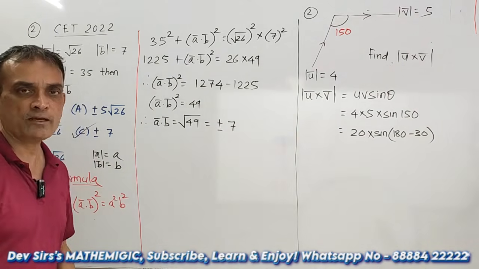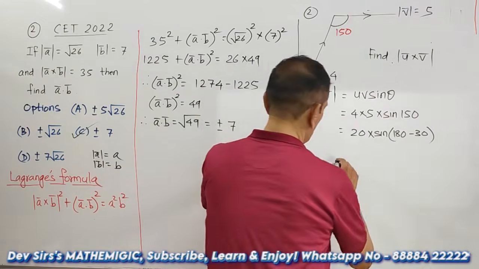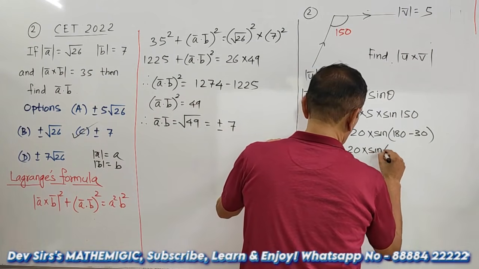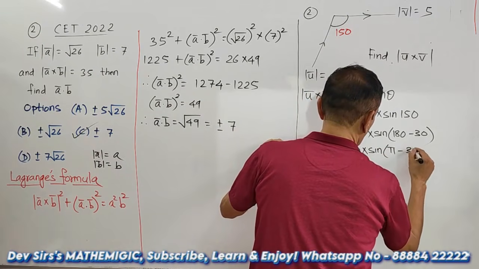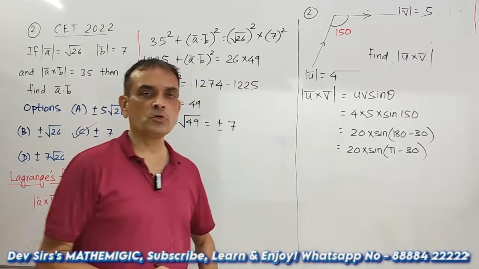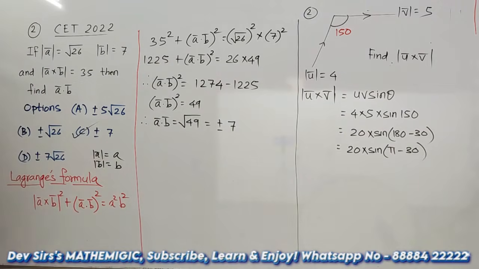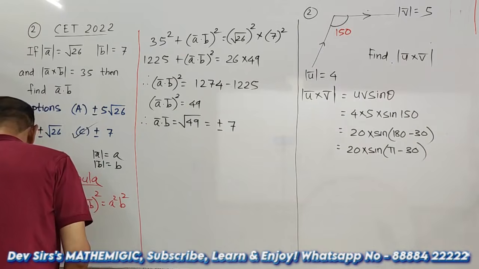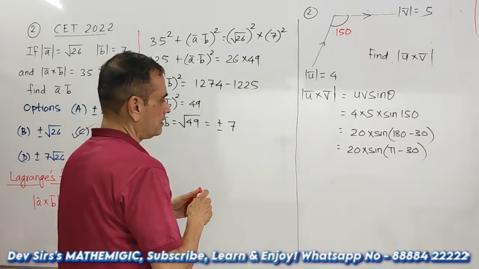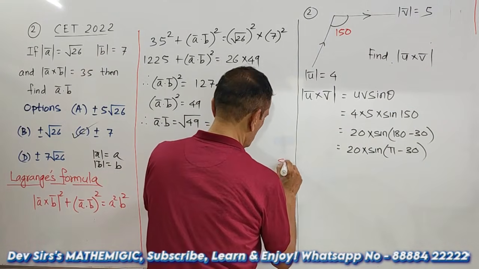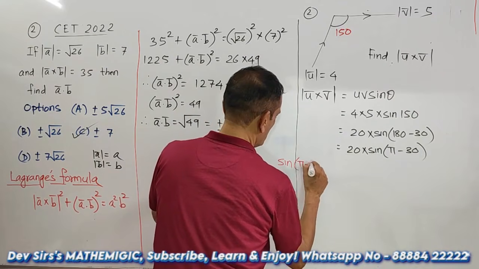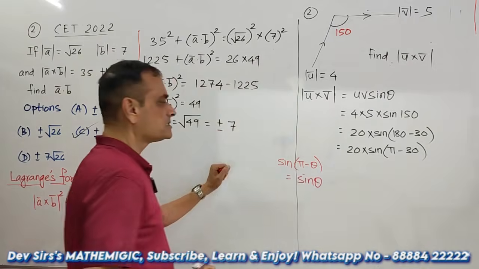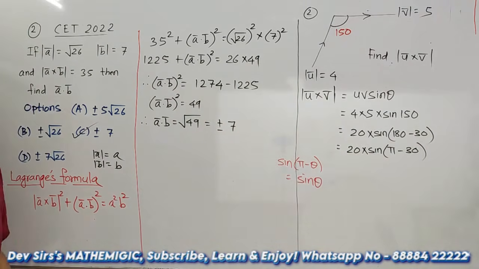150 I am writing as 180 minus 30, because I have to use allied angles. Now which formula for allied angles? Sin of pi minus theta is sin theta.